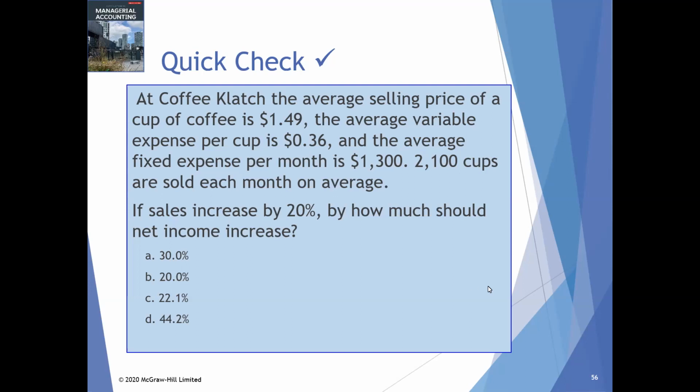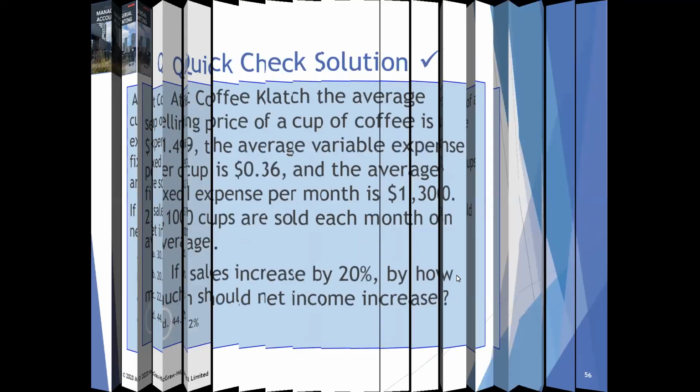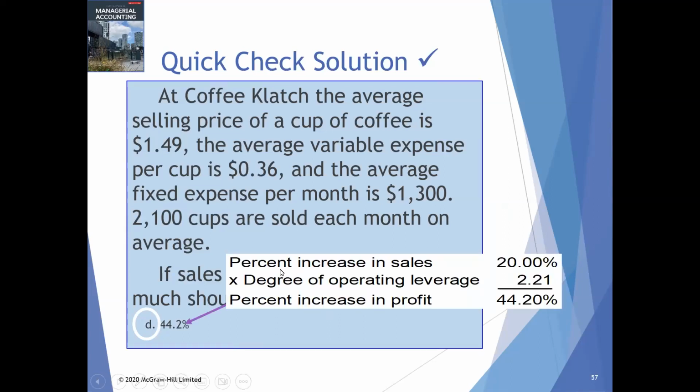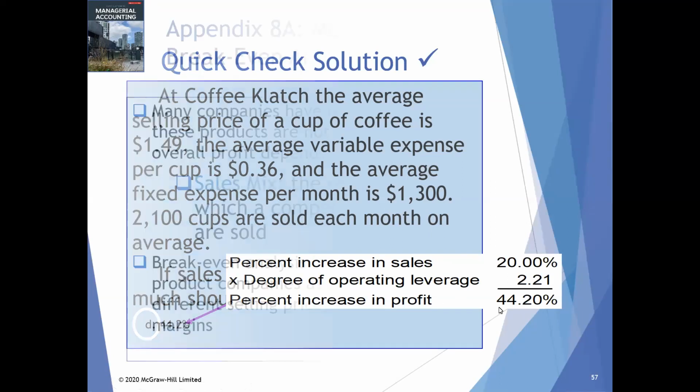Okay, by calculating, we come to know the right answer is D. So how have we calculated? Look at this. The percentage increase in sale is 20%, multiplied by the degree of operating leverage, which we already calculated in the previous question. Multiplying this, we get 44.20%, that is the right answer. So that is the percentage increase in profit.